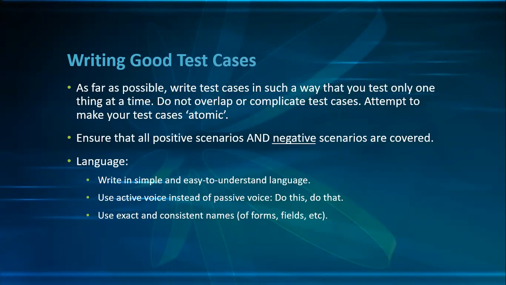The next one, use active voice instead of passive voice. Do this, do that. Then the next one is use exact and consistent names of the form and the field. Let's give an example.